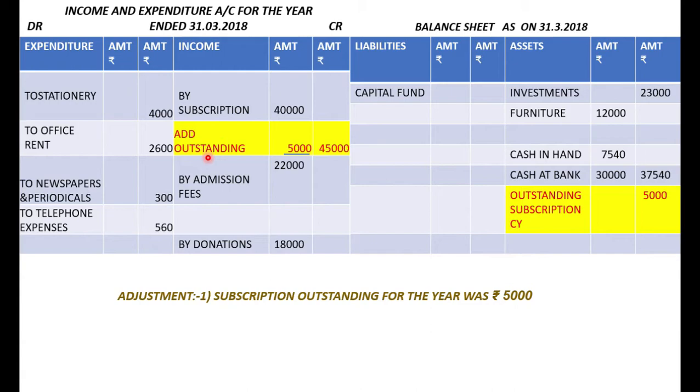Second effect will be given in the asset side of the balance sheet. Outstanding subscription current year 5,000, as current year subscription is receivable. So these are the two effects of outstanding subscription current year.